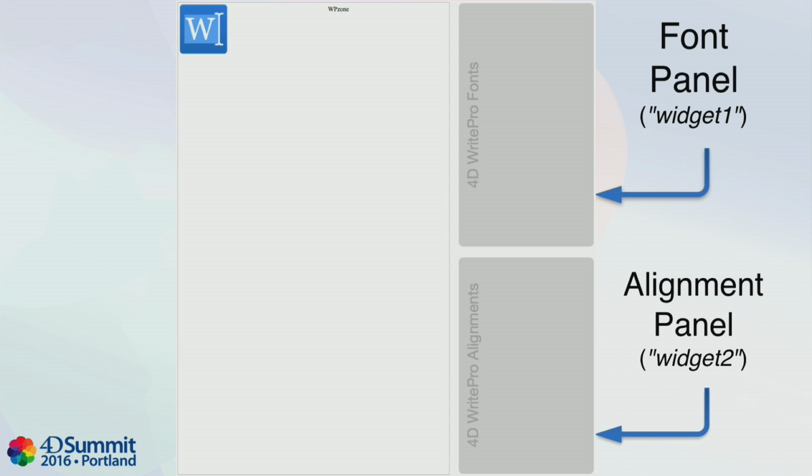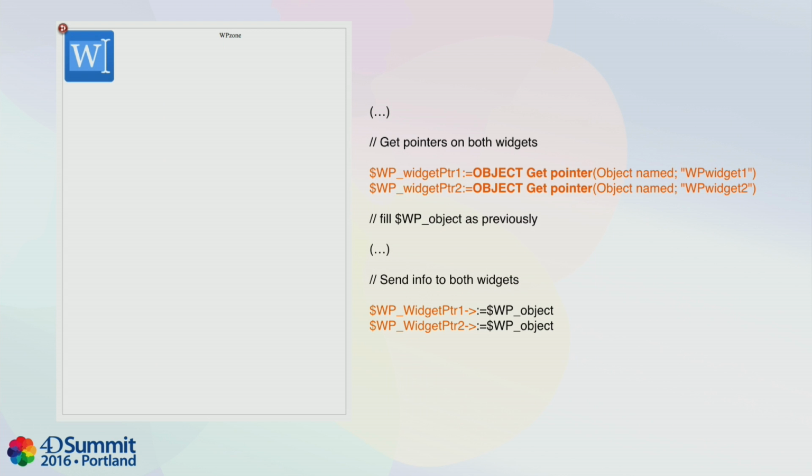So you can have this kind of interface. You will have the font on the top, the alignment next or on the bottom, and you have now not one UI interface, but two. Okay? So the only thing you have to do is to modify slightly the script inside the zone and define two object names and 2 pointers.